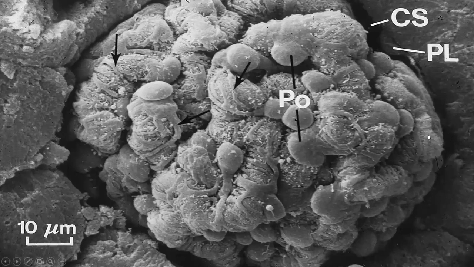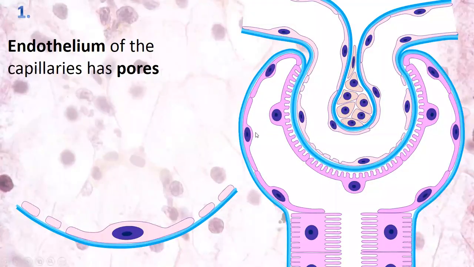Their relief is seen here, and there are cell bodies of podocytes, and their primary processes are well distinguished here, and also there are secondary processes which completely cover the surface of the capillary, the surface which is exposed into the Bowman's capsule, and they provide selective filtration of blood plasma.